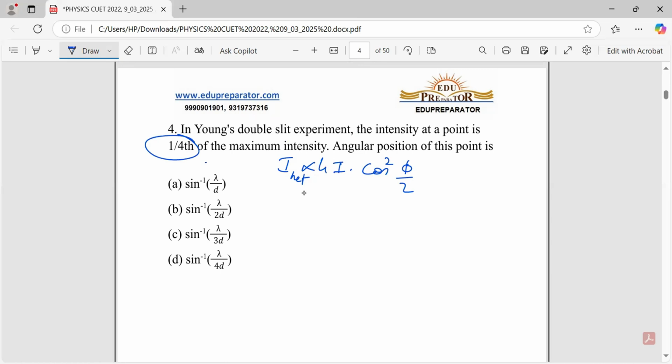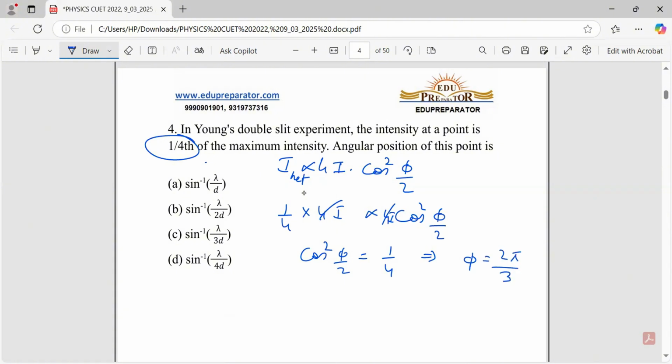So we have 1/4 of maximum intensity is 4I proportional to cos square phi by 2, right? So we have this as the concept which involves the intensity pattern, right? So the intensity is 4I. Now this 4I and 4I go. So we have cos square phi by 2 is equal to 1 by 4. This implies phi equals 2 pi by 3.